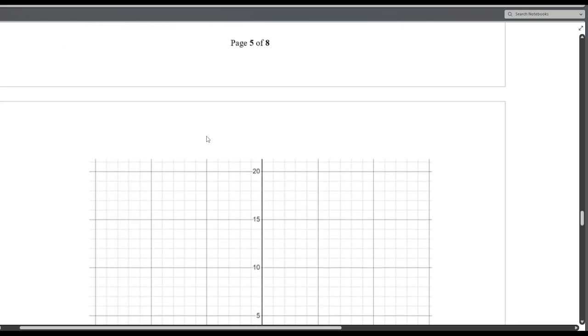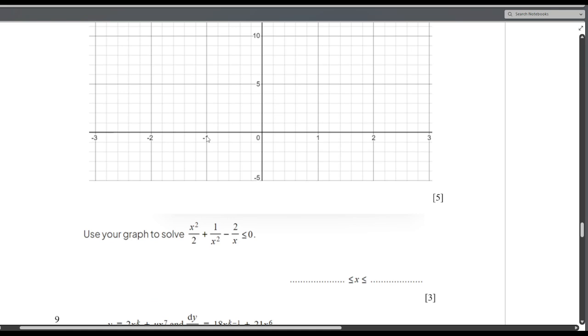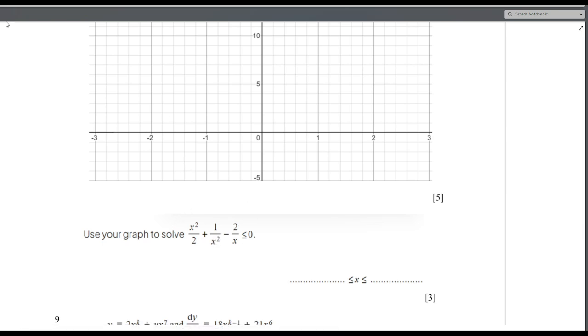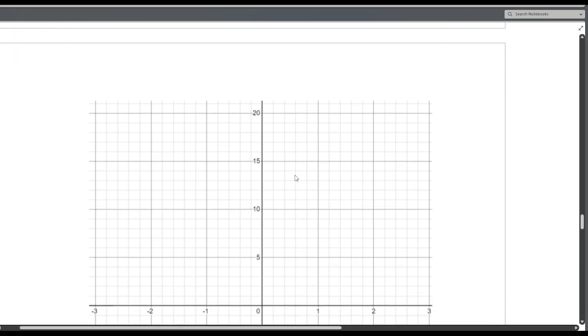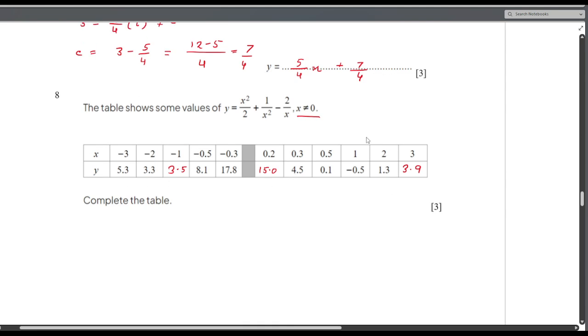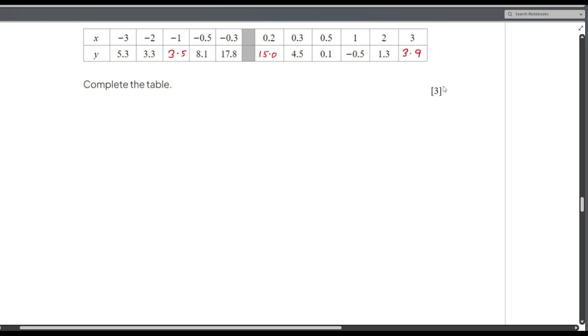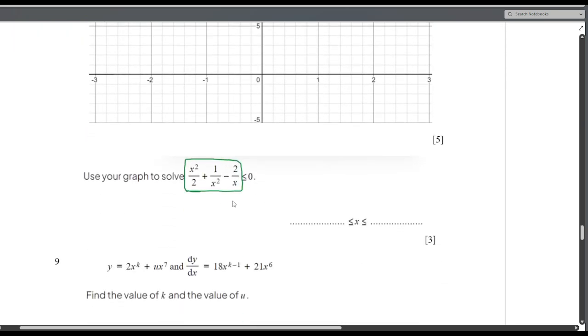Good. Now they say use your graph to solve this equation, this less than or equal to 0. Understand one thing: this whole calculation gives me the y coordinate. Now the problem says that using the graph I have to solve when this part is less than or equal to 0.